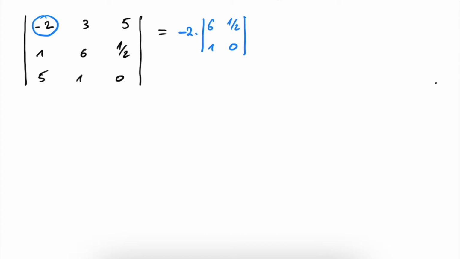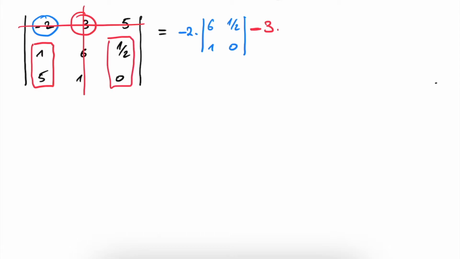Now comes the step that most students get wrong. You get this second number, but you put a minus sign in front of it before you multiply it with the determinant that you get from the numbers that are left when we cancel the first row and the second column, which in this case is 1, 5, and 1/2, 0.